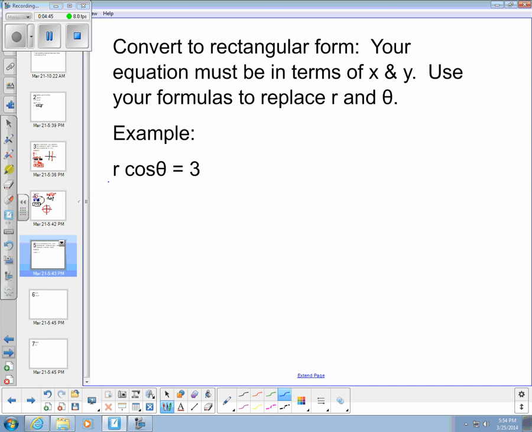Okay, so r cosine theta hopefully is a formula that you recognize, and we know that r cosine theta is equal to x. So I would replace the r cosine theta with x, and I get the equation x equals 3. So this is just the reverse of the first example we did when we were converting from rectangular to polar. Okay, we only want x's and y's when we're going to rectangular form. And again, this would be a line that's vertical crossing the x-axis at 3.